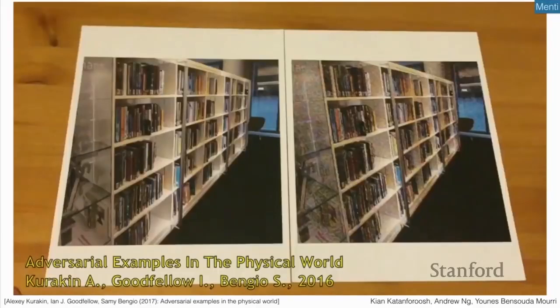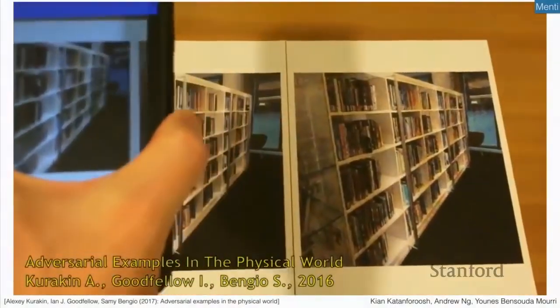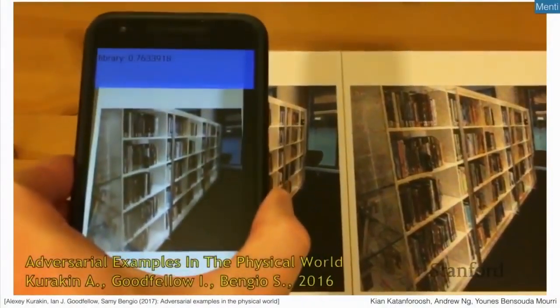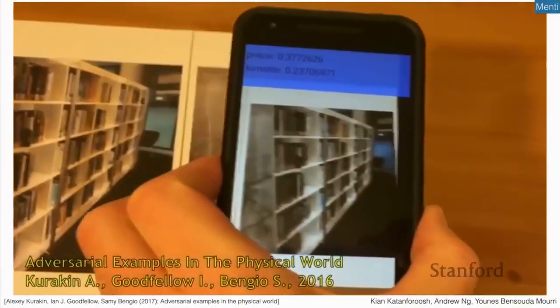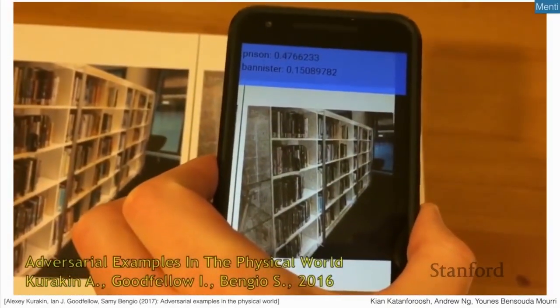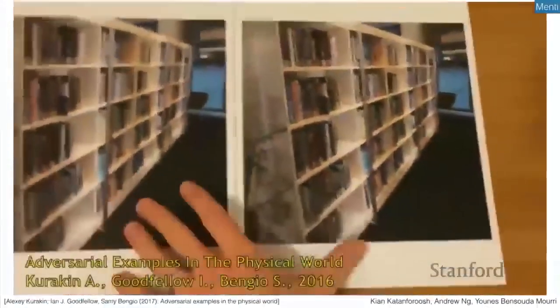Now, let's see a video by Kurakin et al. on a real-world example of adversarial examples. For those who cannot read, they're taking a camera with a classifier, and the classifier classifies the first part as a library and the second image, which is the same, as a prison.